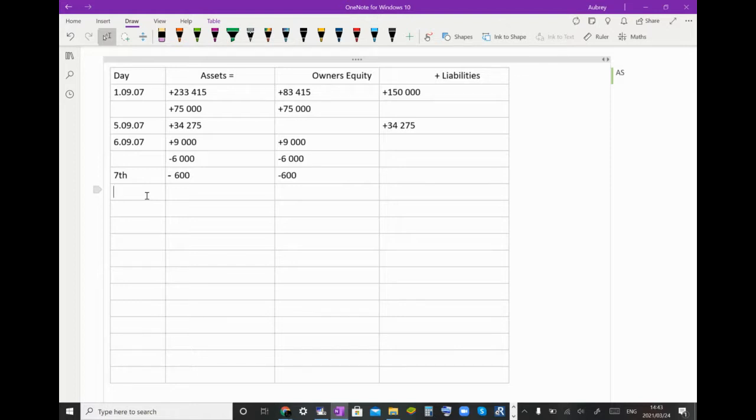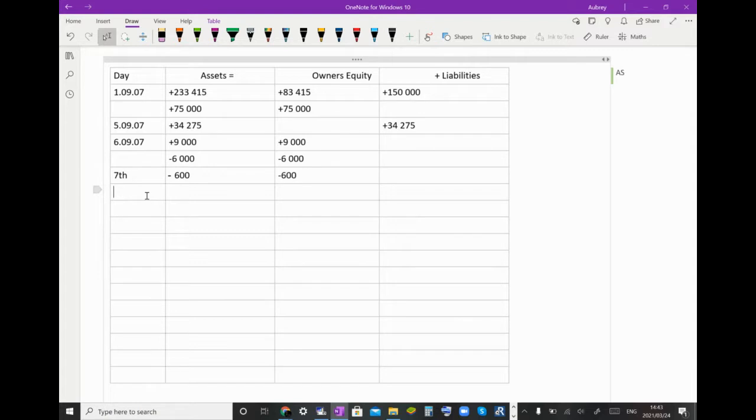Right. Let's move on. On the 8th, it said paid for repairs and maintenance by check. Which accounts are affected? By check, bank is affected, can't be creditors. And repairs and maintenance. Remember, there's one that's always just there.